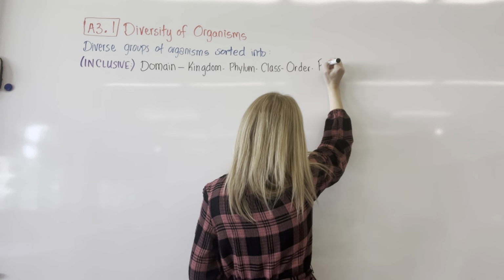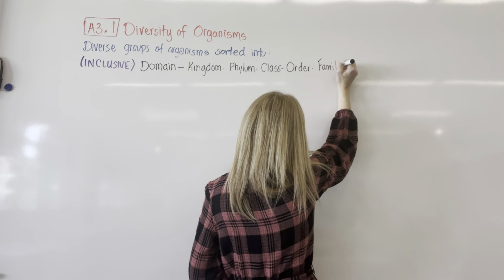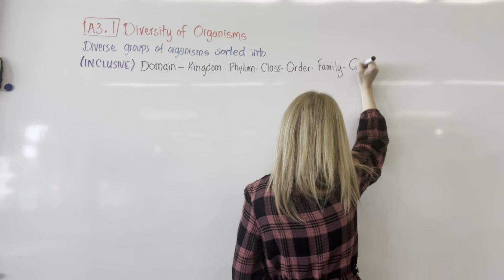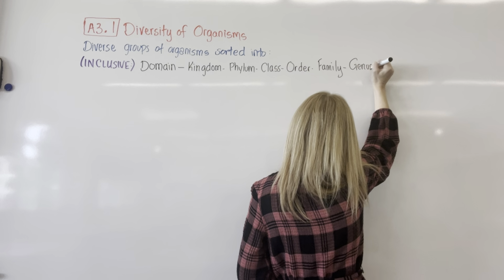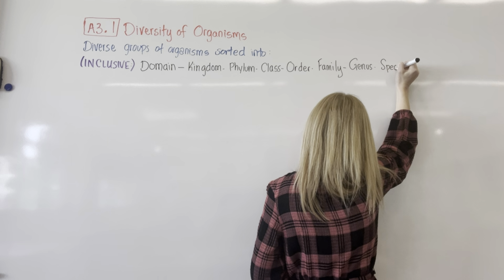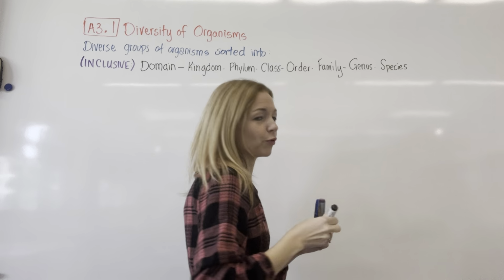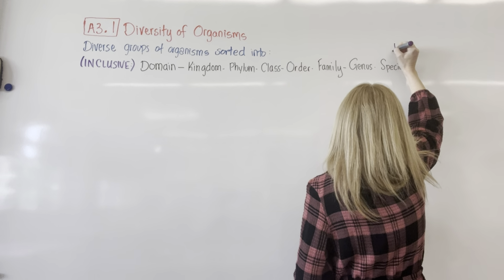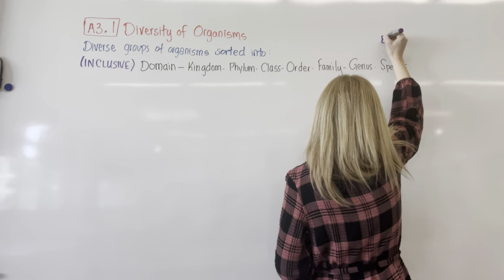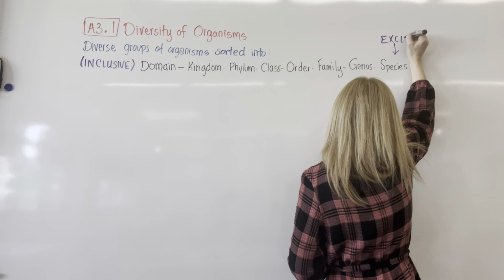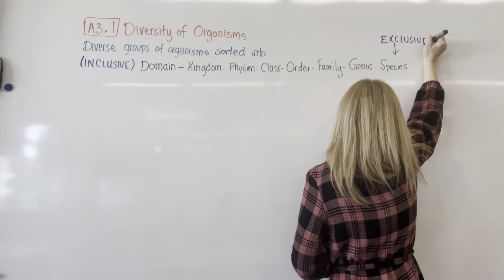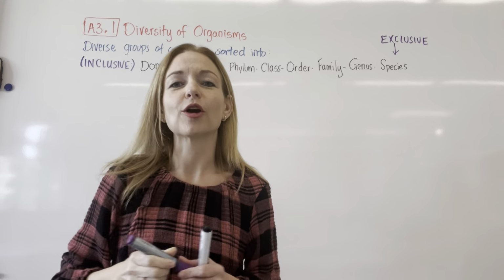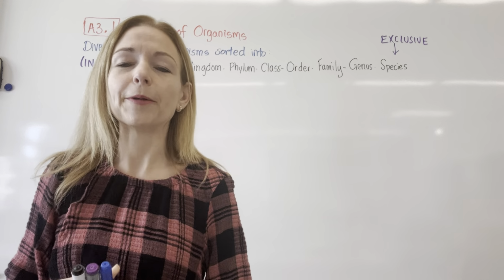Order into family. And then families into genus. And genus into species. And species then will be your most exclusive. So this is going to be your smallest grouping that is exclusive to only a fairly related, similar group of organisms, and we'll talk about the definitions of that in just a second.